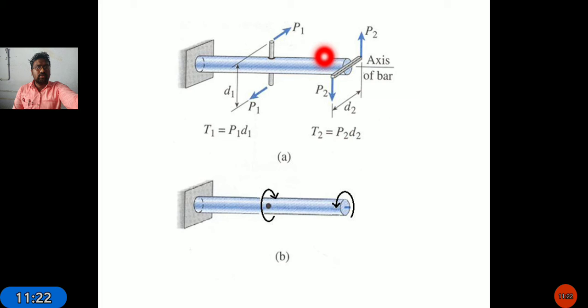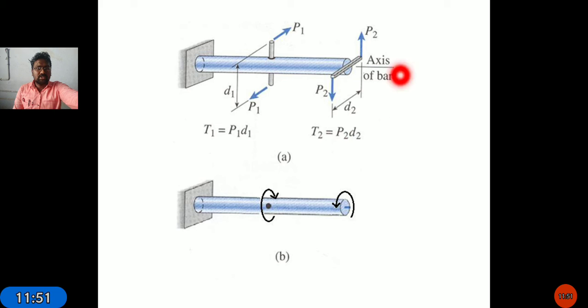At P1, we apply a force with a distance D1 between the two ends, so the torque T1 is equal to P1 times D1. Similarly, at point 2, at the end of the shaft, we apply a force P2 with distance D2, so T2 is equal to P2 times D2.